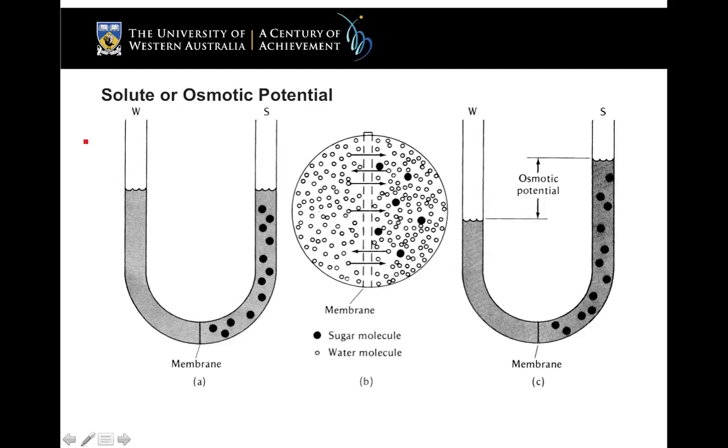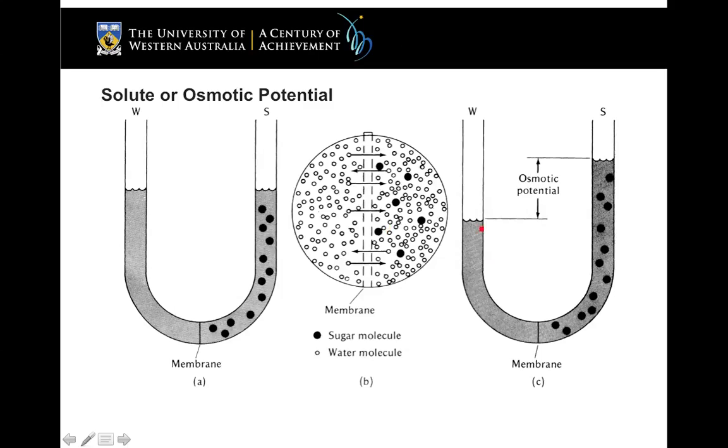Here we have a U-shaped tube with some sugar molecules on one side that have been dropped in, water initially in equilibrium on both sides of the tube, and then we have a semi-permeable membrane here, which is permeable to the water, but not permeable to the sugar molecules, so the sugar molecules can't flow through. So the water wants to balance out that concentration difference, so water flows through the permeable membrane, but the sugar molecules can't.